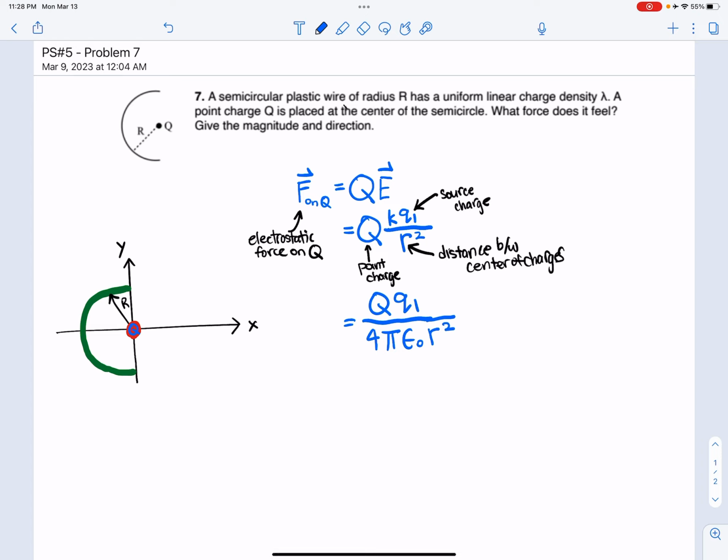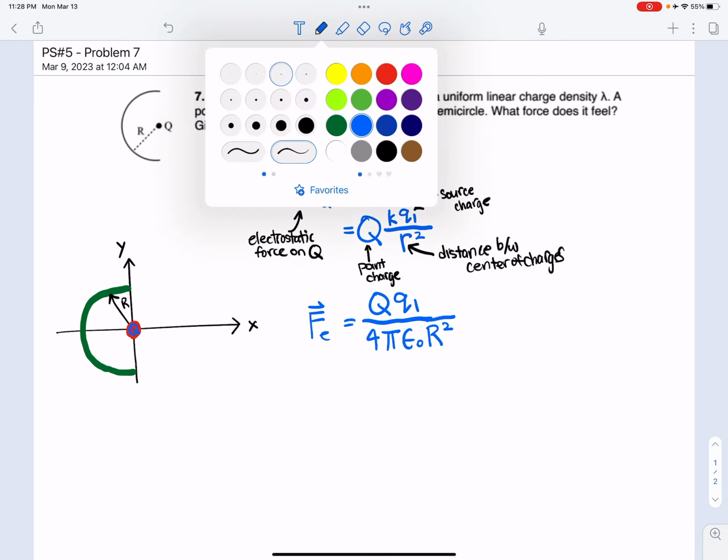Oh, sorry. In this case, our radius is capital R squared, right? Okay, so that is our electric force for this problem.